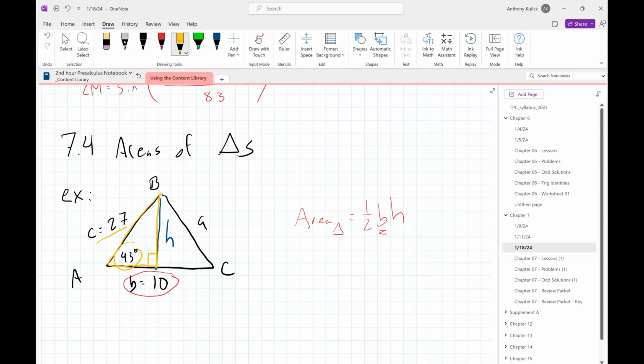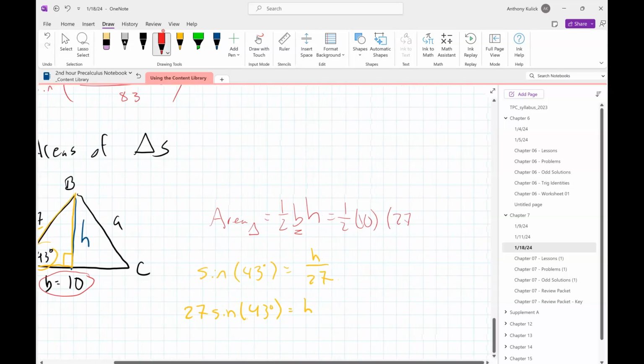And the 27 is the hypotenuse. So we know that sine of 43 is equal to H over 27, or H is 27 times sine 43. So I could calculate my area now doing this.